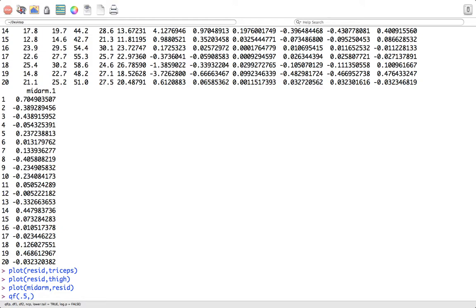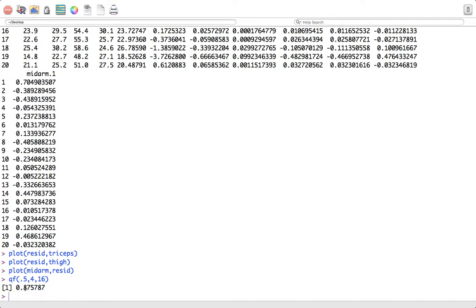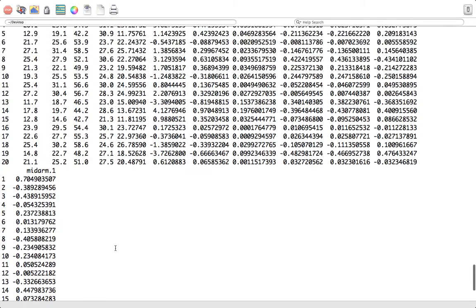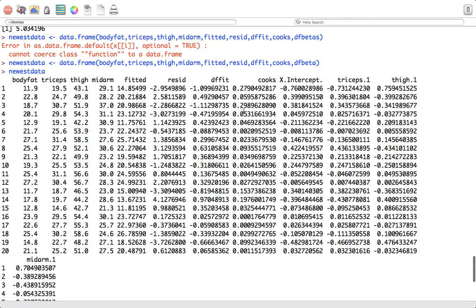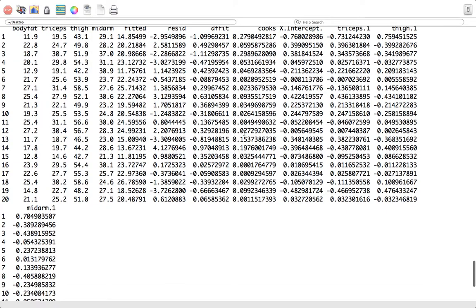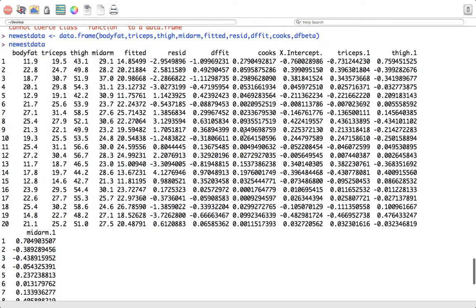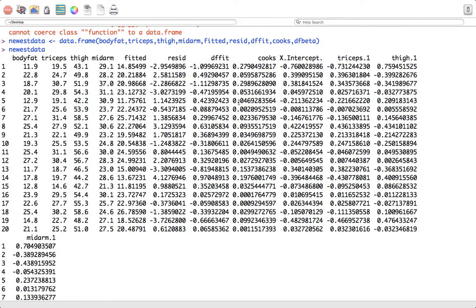Remember the first degree of freedom is k plus 1, so we have k predictors plus 1 is 4. And the next thing we have is n, which is 20 minus 3 minus 1, so we have 16 degrees of freedom for the second degree of freedom. So anything that has a Cook's value above 0.88 is reason for concern. And as I look down through here, I don't see anything that comes even close to 0.88. The third case seems to be the largest, again, I believe, just by eyeballing.